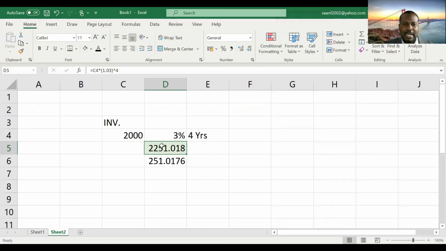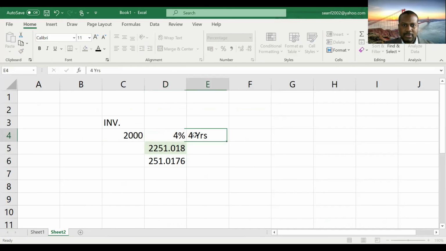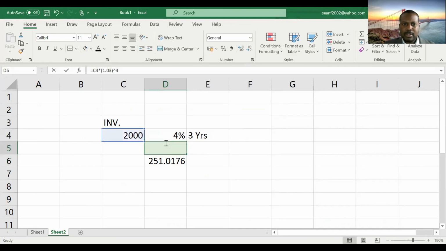4% in 3 years. So I kind of had it wrong, so it's actually 4% here, and 3 years there. So I had it slightly mixed up. Therefore I have to change it here.